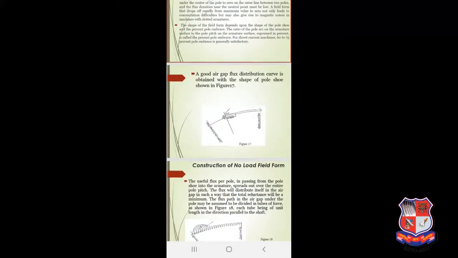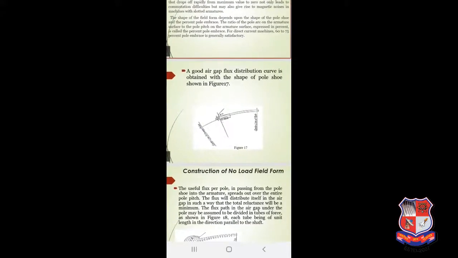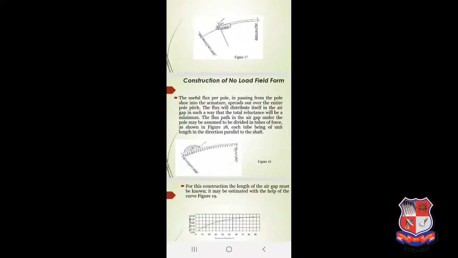Now, a good air gap flux distribution curve is obtained with the shape of the pole shoe. With the help of the pole shoe, we can get good flux distribution.